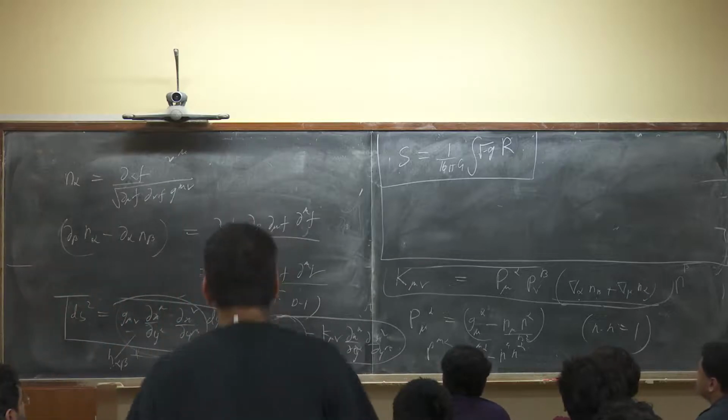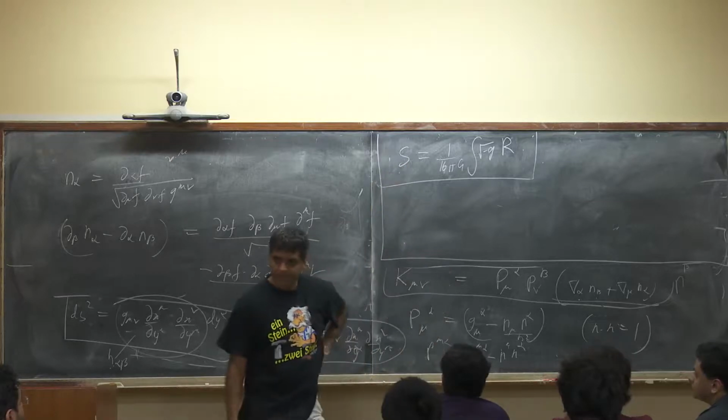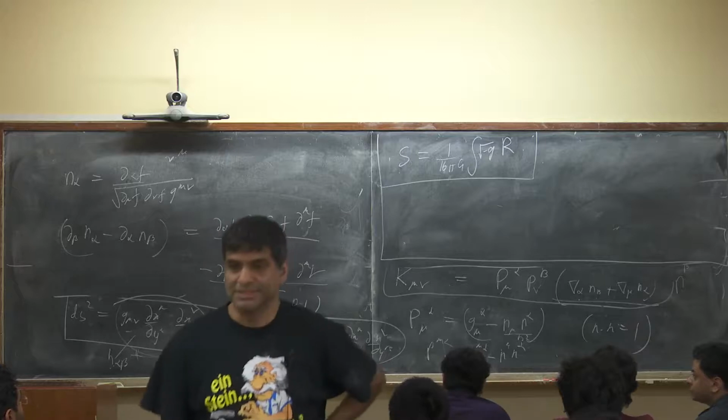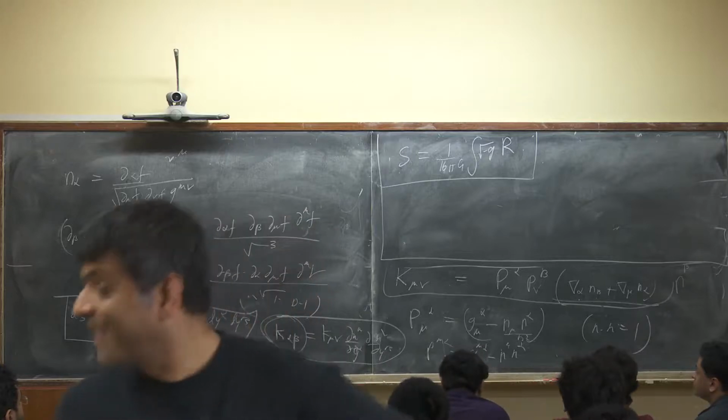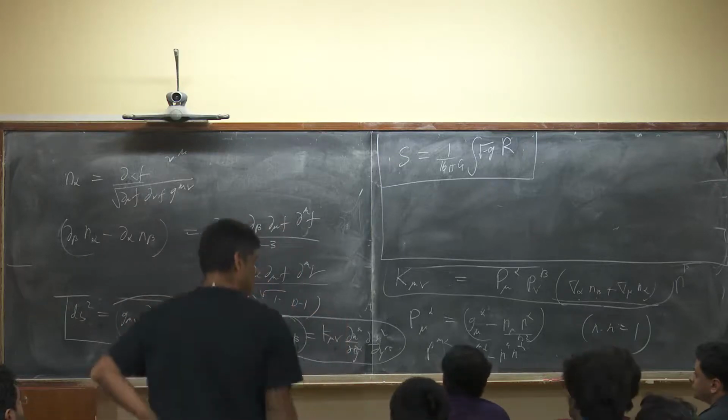We want to understand what sort of dynamics this action governs. In order to do that, what we're going to try to do is to derive the Einstein field equations. Einstein field equations in vacuum at the moment. Okay? By taking this action and varying it.